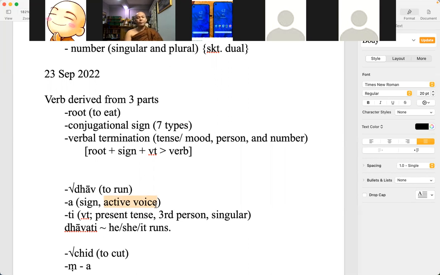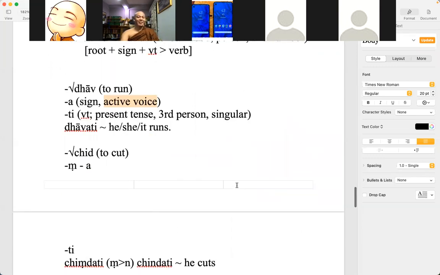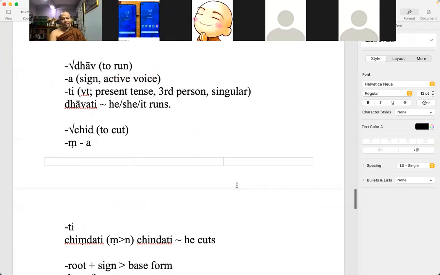That is one reason. And then it gives the voice of the verb, either active or passive. Right. Okay, gotcha. But in some forms, we don't use that sign. Also later we will see. That is roughly what I'm saying.